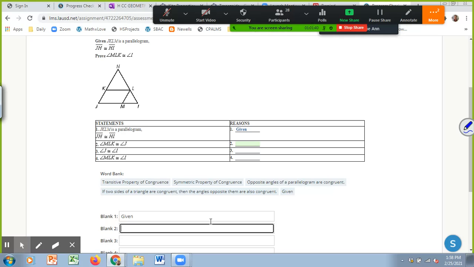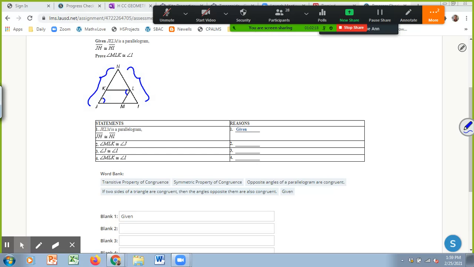Okay, so number 2. We know already that JKLM is a parallelogram, this one, and JH, which is this side, is congruent to HI. That's HI. Number 2, angle MLK, where is MLK, is congruent to angle J. So this is MLK and this is J. Why is that true?